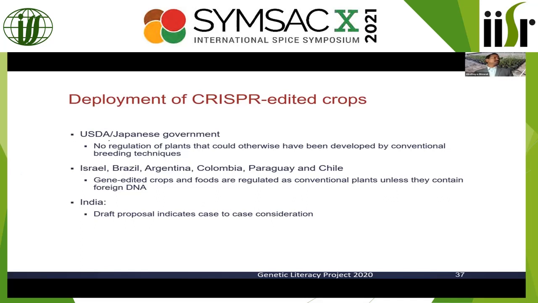So USDA has already approved CRISPR-edited mushroom and CRISPR-edited maize, and they say that there will be no regulation on CRISPR-edited plants if they could otherwise have been developed by conventional breeding techniques. So the plants that I discussed, LR67 or MLO, since those are already present in nature, we expect there will be no regulation.